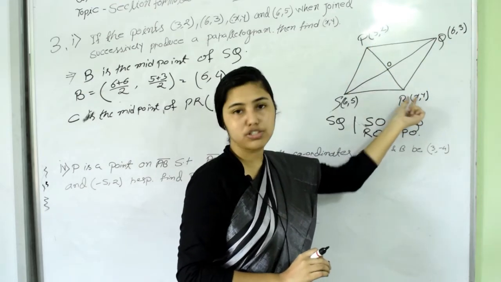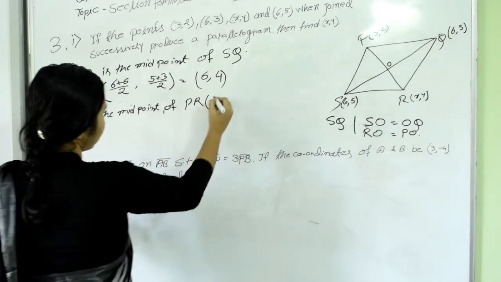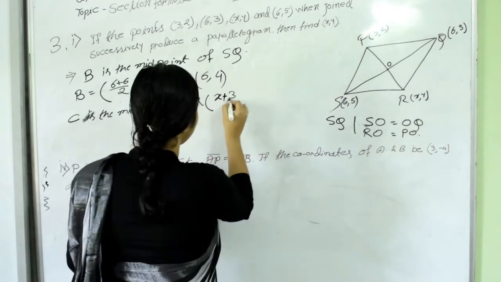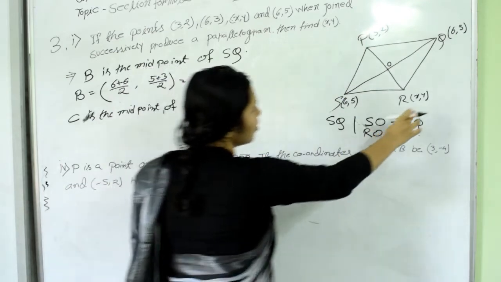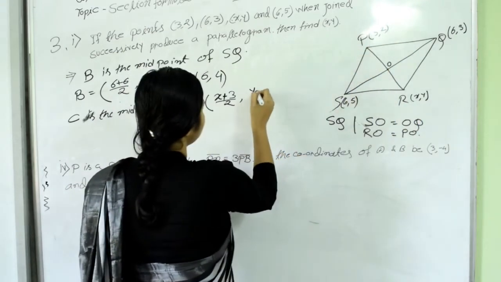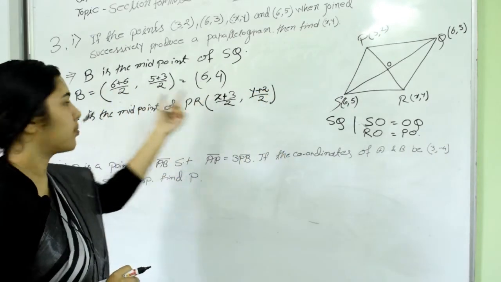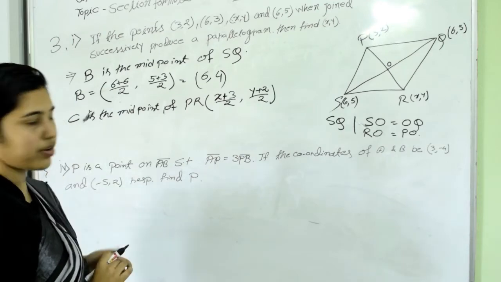So here the value of x1 is x, so (x + 3)/2, (y + 2)/2. So this is the coordinate of the point C, right?